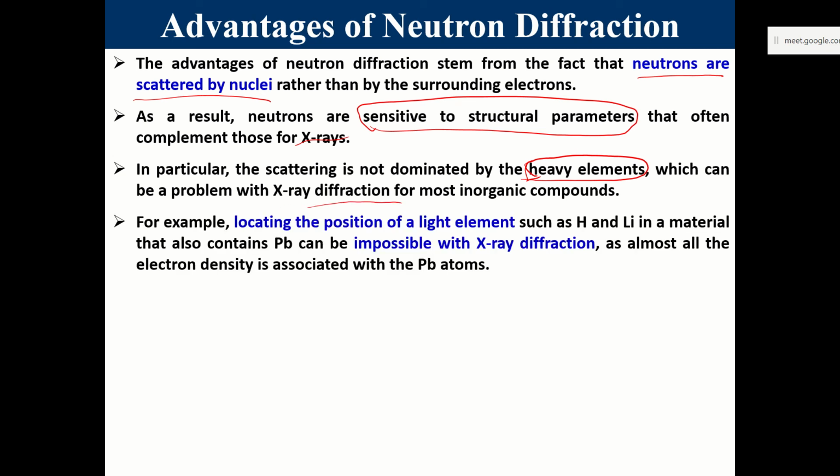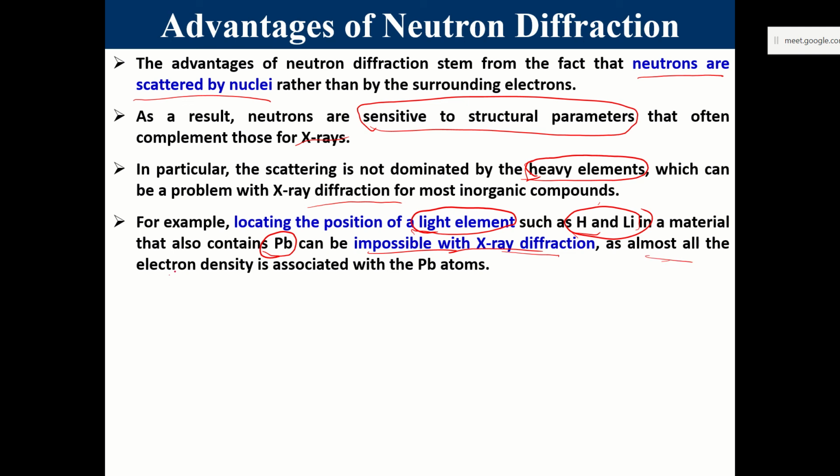But whenever a lighter element like hydrogen or lithium is used, particularly in combination with a heavier element like lead, it becomes impossible to get the structure of these crystals by X-ray, because you are not able to locate the anionic centers of hydrogen or lithium.